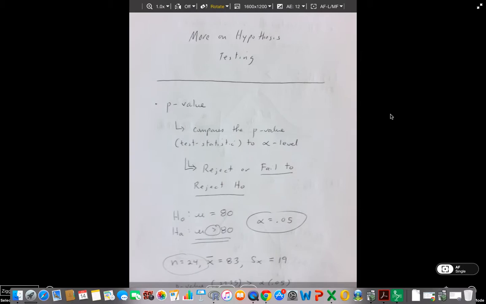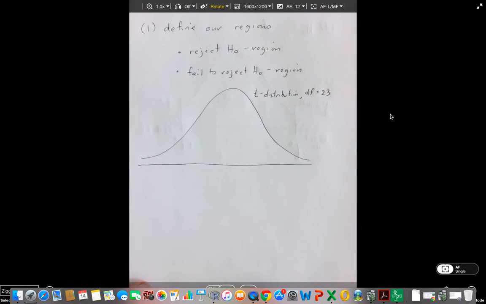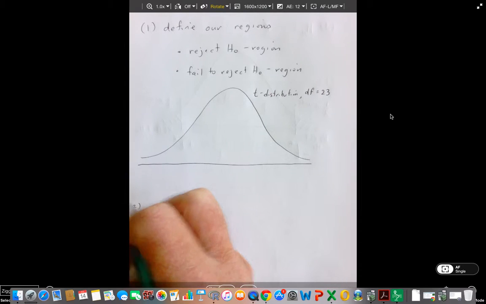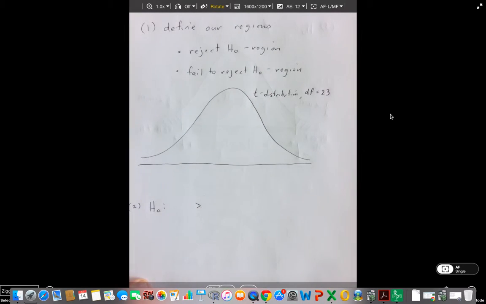So the sampling distribution that we deal with is the t distribution, and it's a t because we have a claim about a mean. The population standard deviation is not known. So we take one away from the sample size. So we're working with a distribution with degrees of freedom 23. Second thing we know is that our alternative hypothesis is greater than.